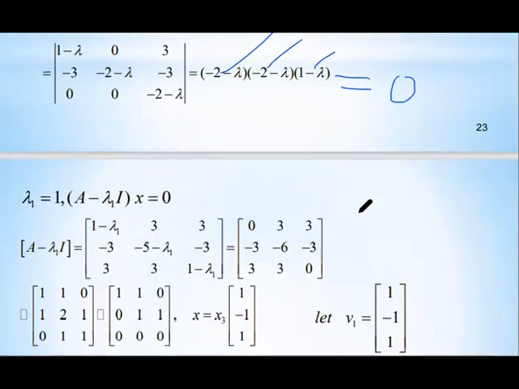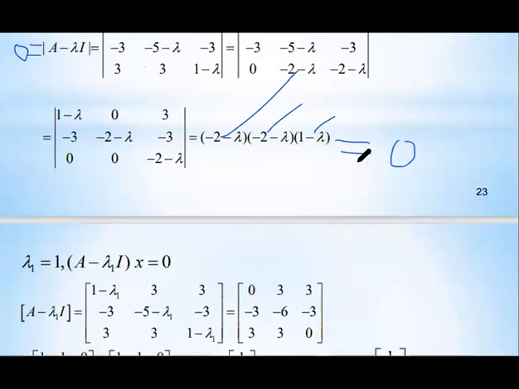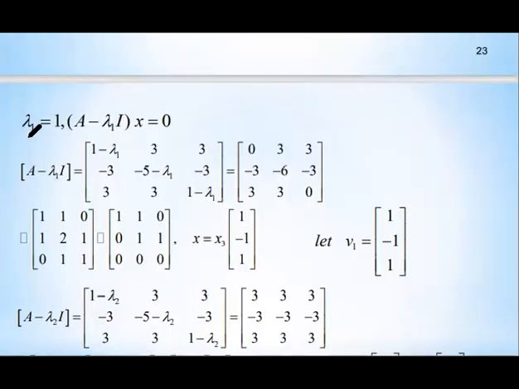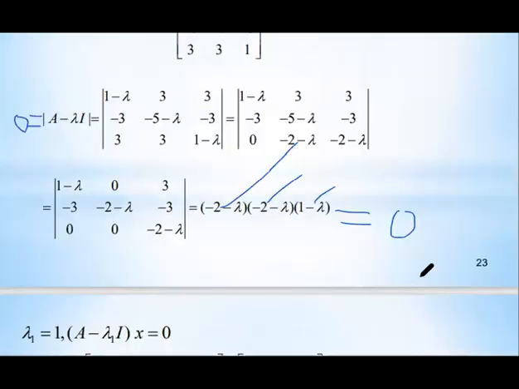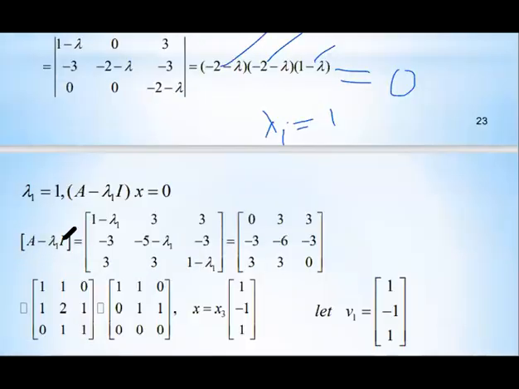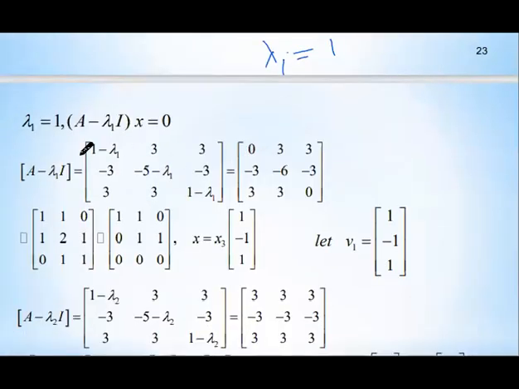Then you can find the corresponding eigenvectors. First consider lambda equal to 1, the first root. Now you find the corresponding eigenvector by solving this homogeneous system, Ax equals b, where b is 0.